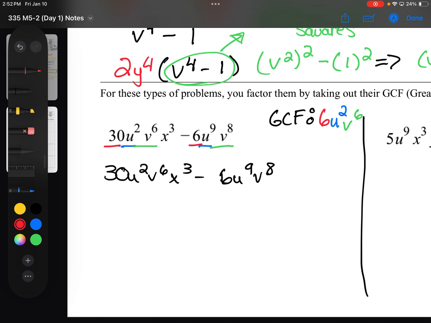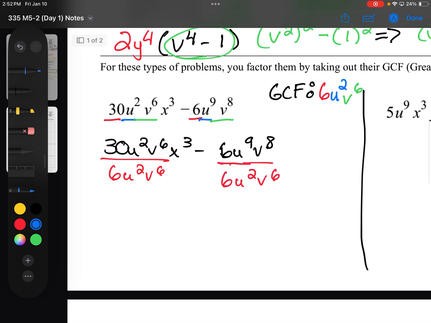So write that out. You're dividing the greatest common factor. Then here, 30 divided by 6 is 5. U squared divided by u squared cancels out, and you're left with that.